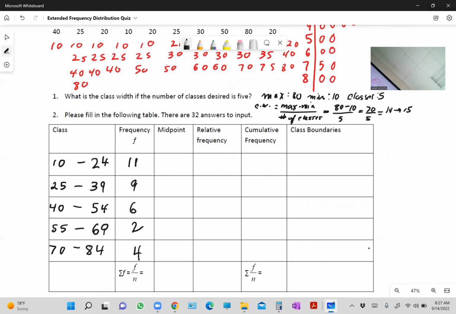So if I add all these numbers up, and this is a mistake right there, that's not good. 11 plus 9 is 20. 20 plus 6 is 26, plus 2 is 28, and 28 plus 4 is?